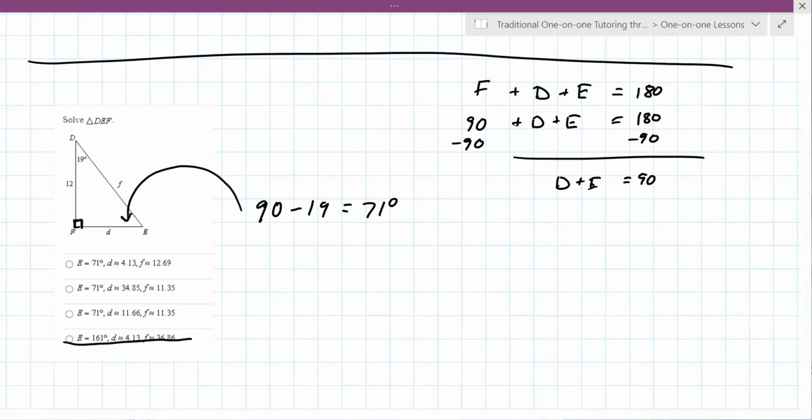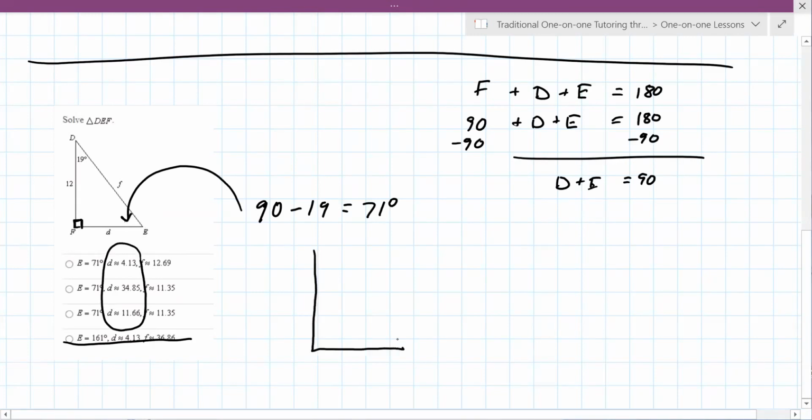Now, when you get three answers like this, what I notice right away is that the D is different in each of them. That's the next thing to calculate. We want to calculate side D there. So this is 19 degrees up here.